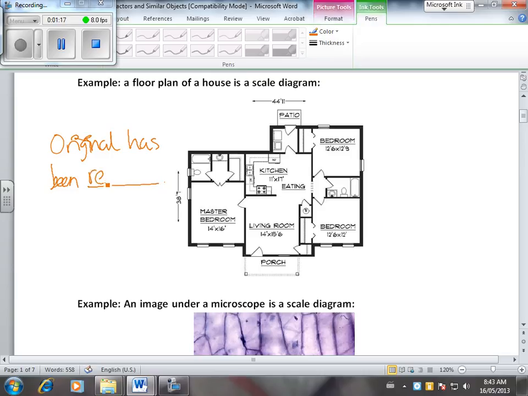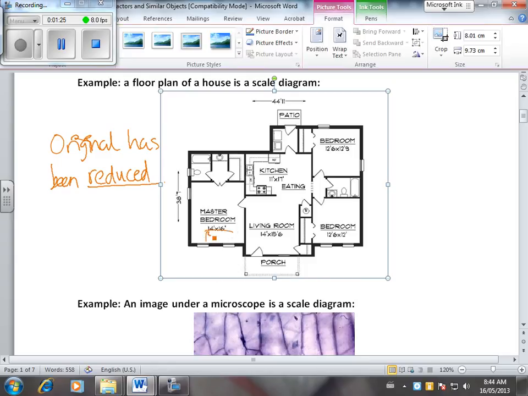Hopefully you said reduced, because of course our houses and our floor plans are much, much larger. And you can see down here this 14, that's 14 feet by 16 feet. So this is a scaled down diagram.